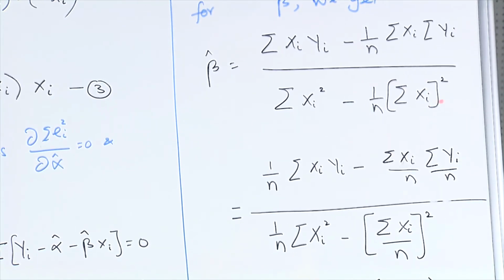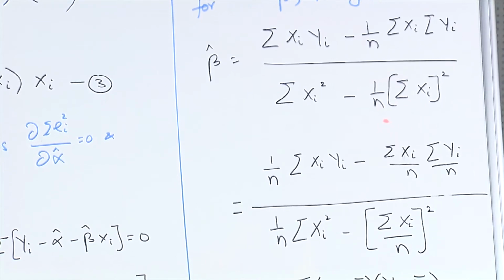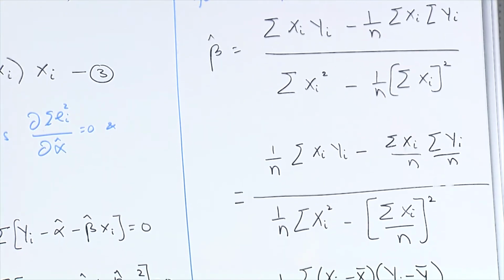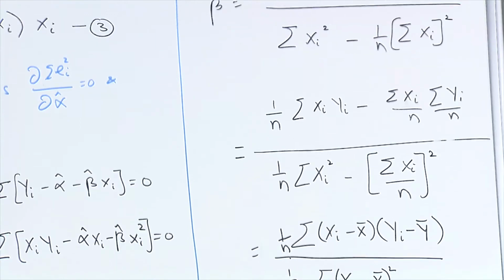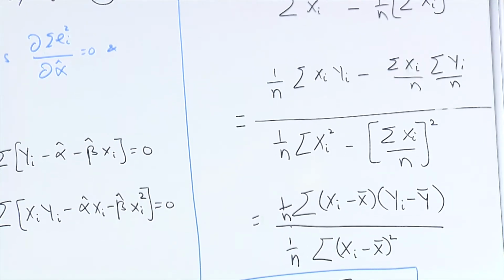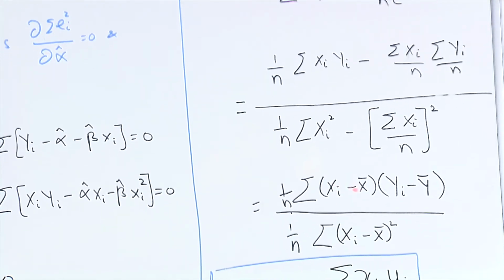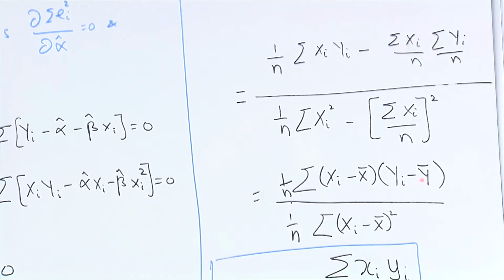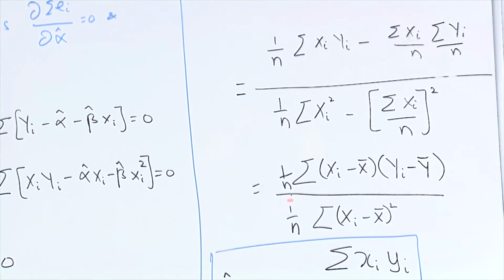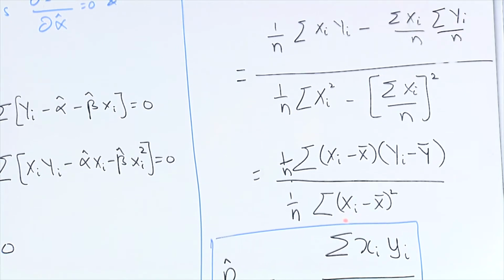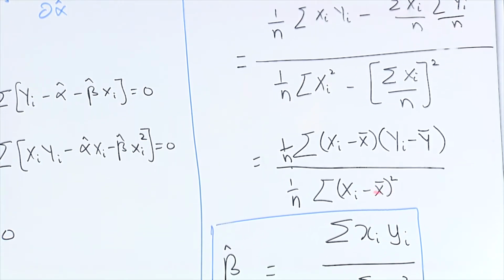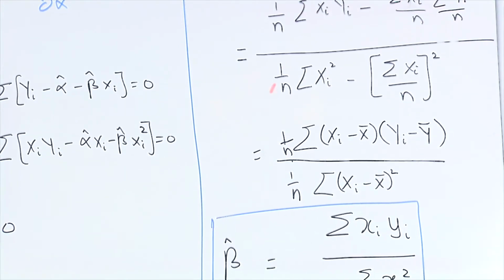So, you may write this term with 1 by n as this one. This is statistically nothing but 1 by n sigma (xi minus x bar) into (yi minus y bar) divided by 1 by n sigma (xi minus x bar) whole square. So, this term again can be written like this.